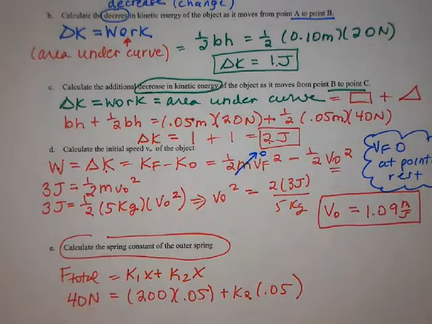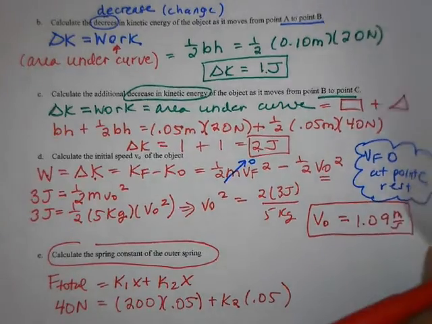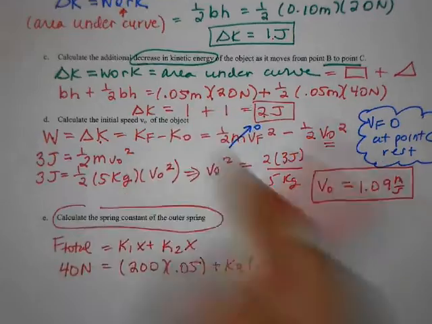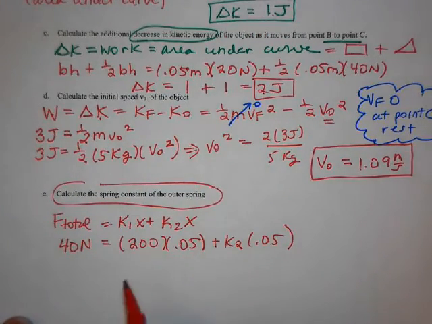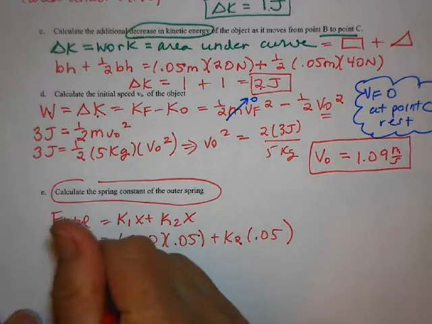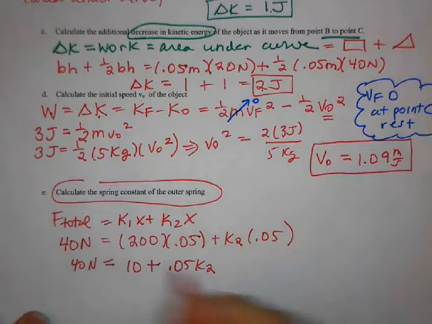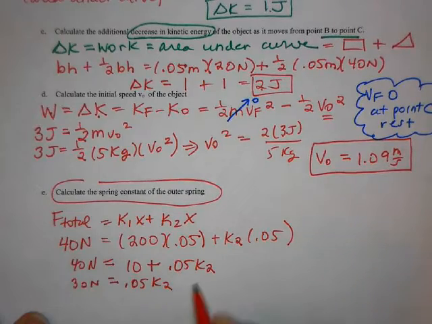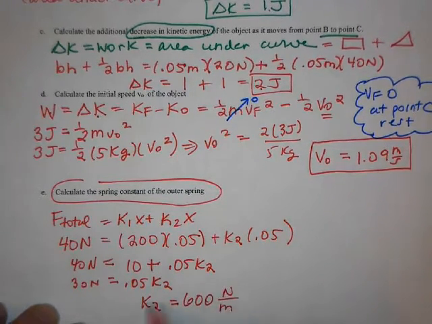And how did I know that the force was 40? As I look at the graph, it's on a straight line, which means it's linear. And so I had 60 and 20 in between that too. All right, so 40 newtons is equal to 10 plus 0.05 times k2. Then I rearrange this, and I have 30 newtons is equal to 0.05 k2. So k2 is equal to 600 newtons per meter.